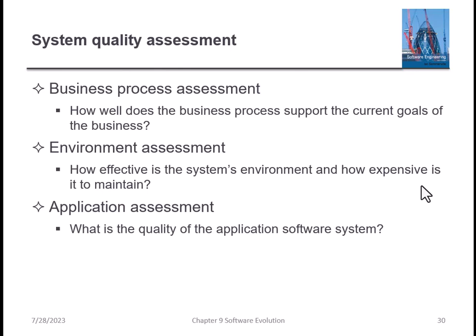This means whether the business process is well executed or not. So if the business process for which we have developed the software supports the goals, this means the business process is of high quality. The system may be low quality or high quality, but the business process can be assessed like this.